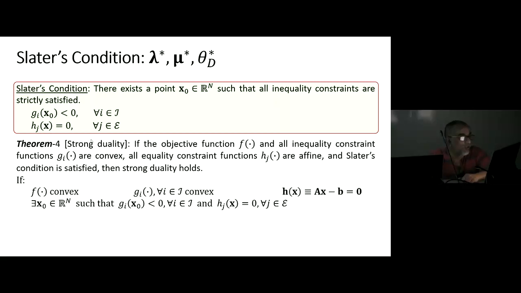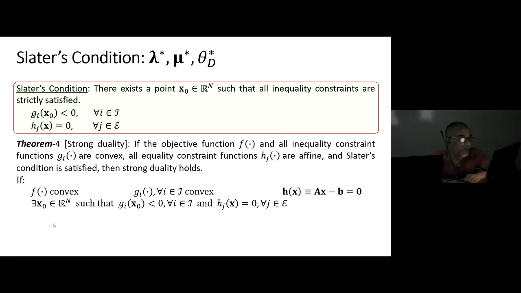Okay, so this is a restatement of the condition for strong duality. F is convex, each gi is convex, and this is what I meant by the equality constraints being affine: h of x can be written as ax minus b equals 0, or ax equals b. Since I want to have a 0 on this side, I'm writing ax minus b.